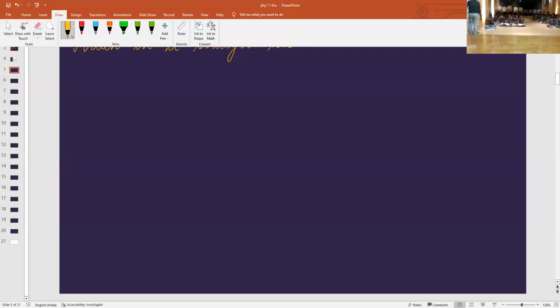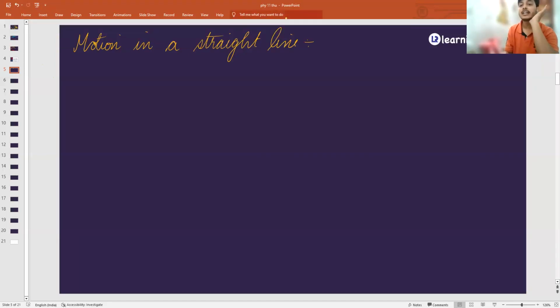So let us start with it. Basically, when we start with motion, physics is divided into two parts, that is kinematics and dynamics. What is kinematics and dynamics?